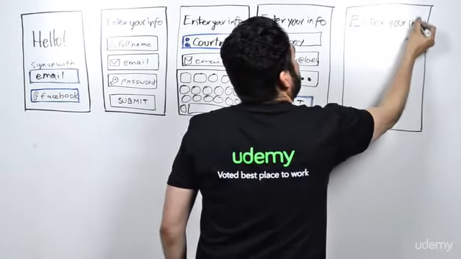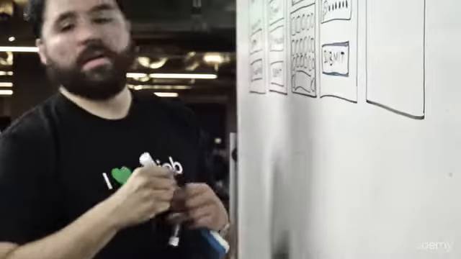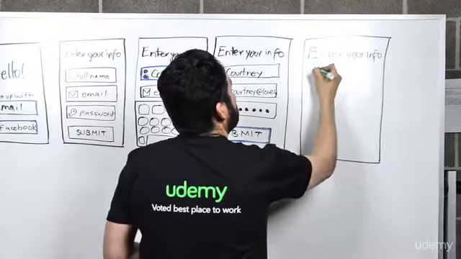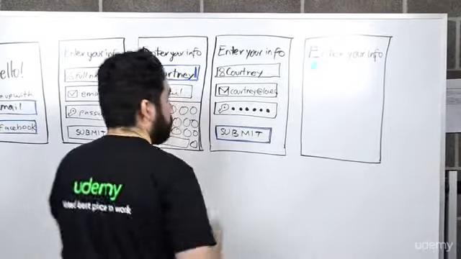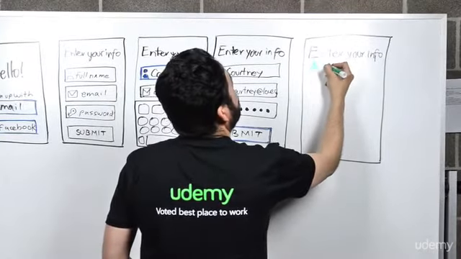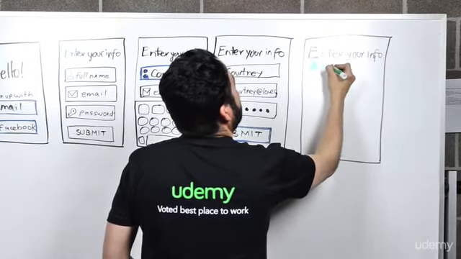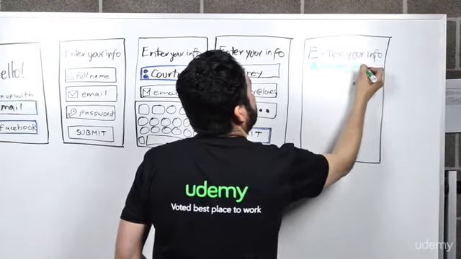But enter your info, and then let's add a warning error. So let's do it with green. Usually you don't use green for mistakes, but on this one we're gonna do that. So we're gonna say wrong password.